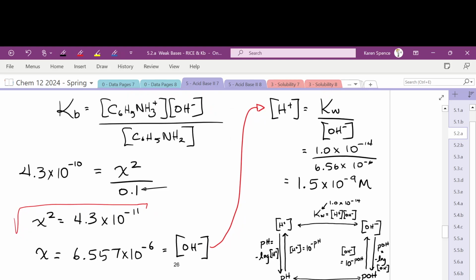Did you guys get 1.5 times 10 to the negative 9? Yay! I did it right. Woohoo! It's always exciting when I don't make a boo-boo.